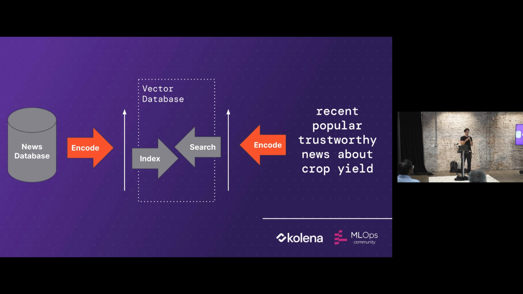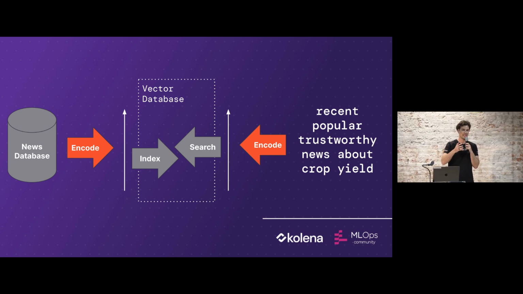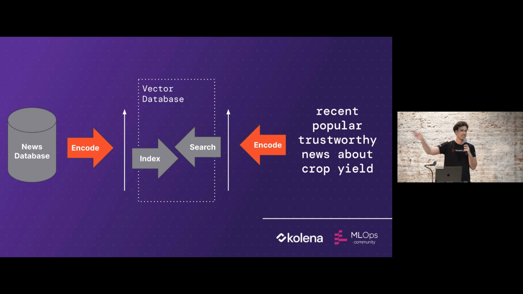We help turn complex data into vectors, and that has to do with helping you assemble multiple encoders. Let's say your news article has a timestamp of when it was published, popularity signals, which users click on it, and maybe there is an image in the news and there is text and all of this stuff.